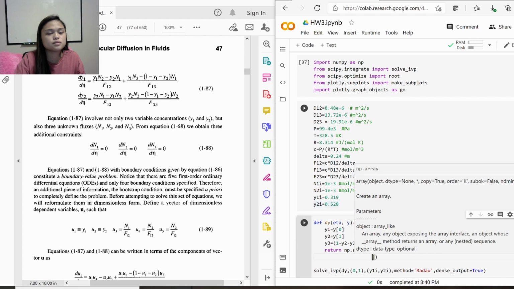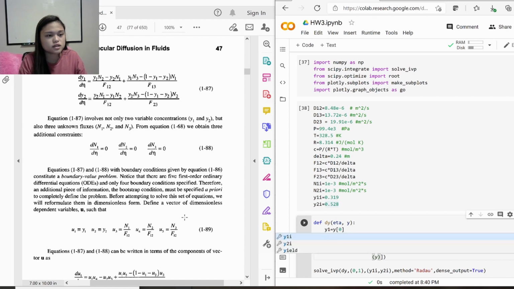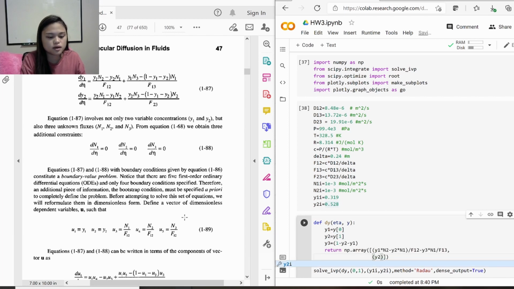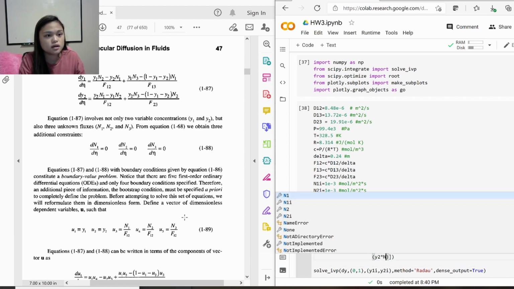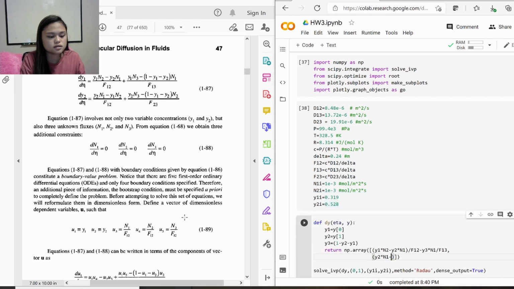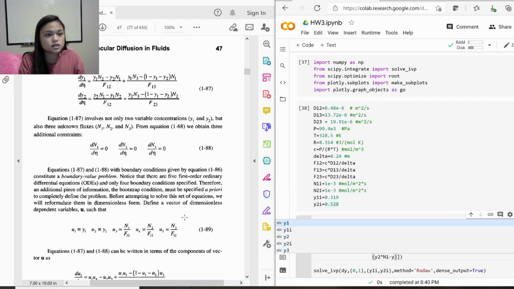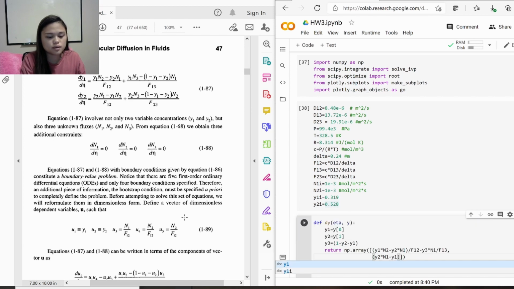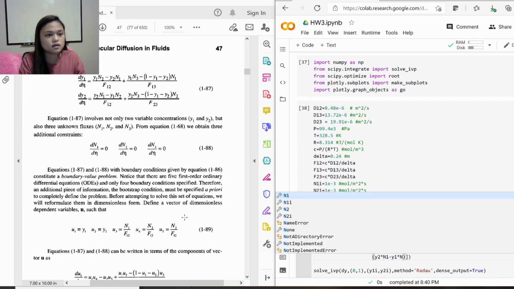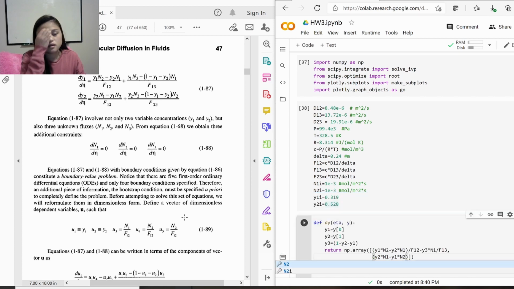Comma, then enter, then we're moving on to this expression. So same thing, I'm going to start with the mole fraction of the methanol multiplied by the molar flux of acetone minus the mole fraction for acetone multiplied by the molar flux of the methanol.